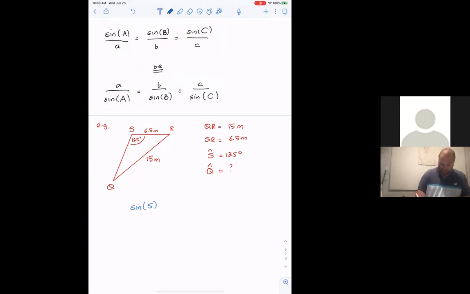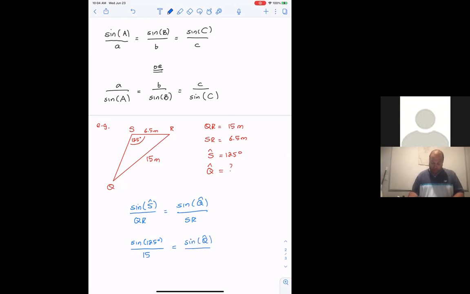Sine of S hat, trying to match the book, over the side opposite, which is QR, equals sine of Q hat over the side opposite, which is SR. In other words, sine of 125 degrees over 15, I'm suppressing the units but I'll put them back in at the end if necessary, equals sine of Q hat, which I don't know, over the side opposite Q hat, which is 6.5.